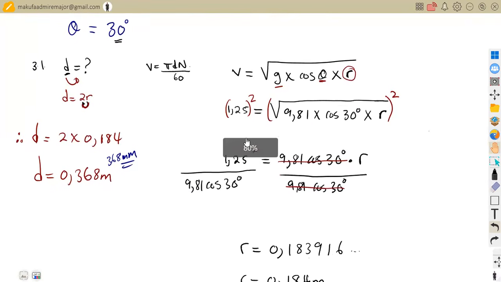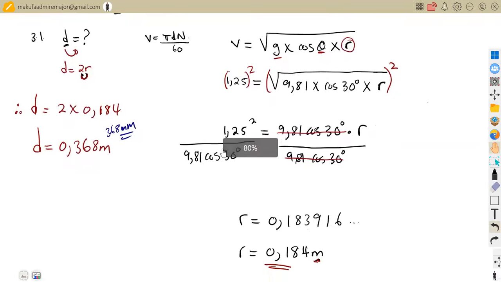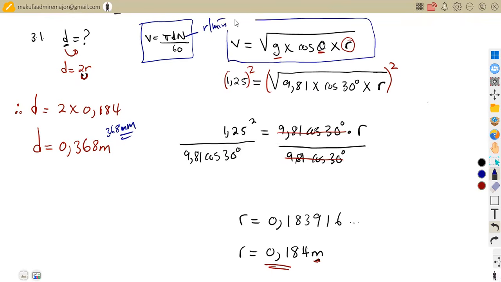The speed of the chain can be calculated from this formula when given revs per minute, or we can calculate from this formula when given the discharge and the radius.